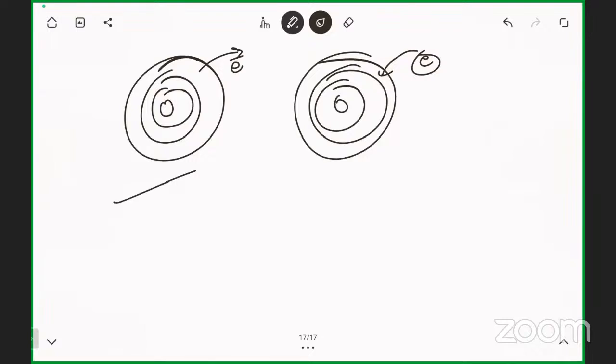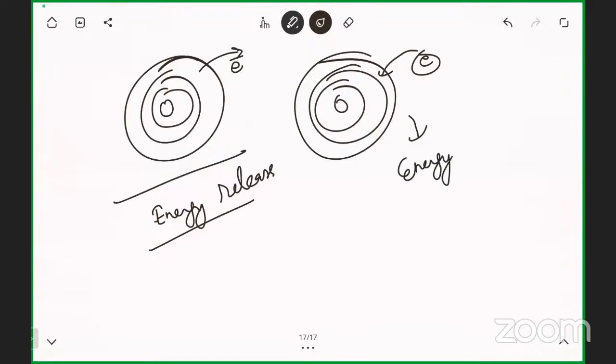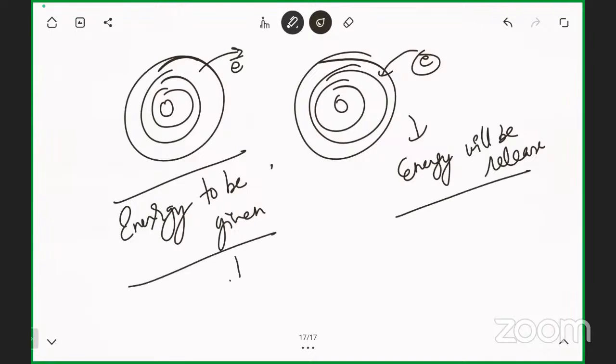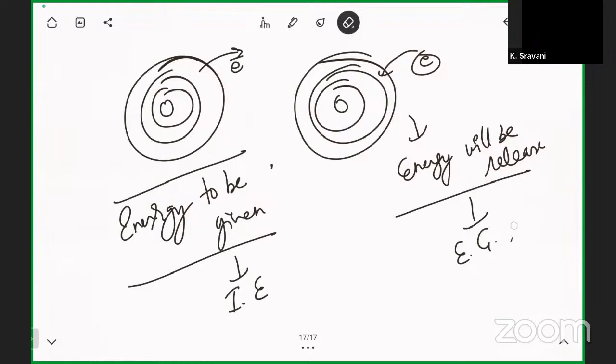In this case, we need energy to be given, and in this case, energy will be released. If the energy is given, that is ionization energy, and if energy is released, that is electron gain enthalpy, or electron affinity, you can say.